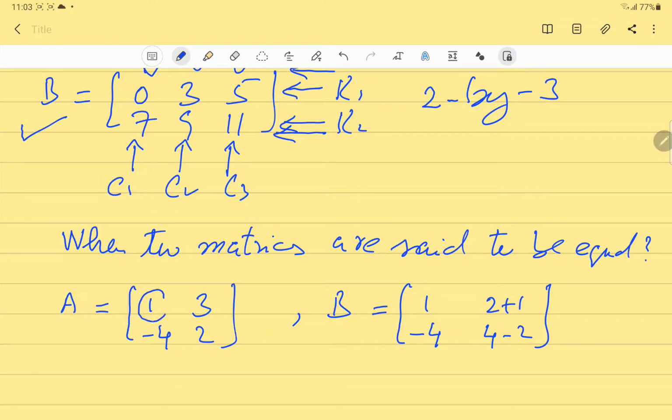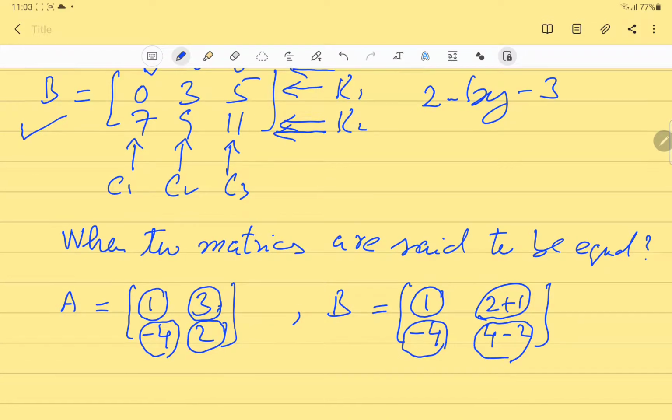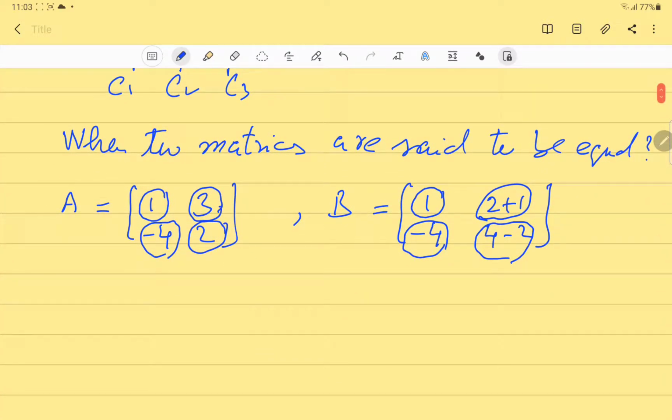This position will be compared with the corresponding position in the other matrix, which is matrix B. Both are 1, then we see that -4 is here, -4 is here, then we see 3 is here, 2 plus 1 is also 3, and then 2 is here and 4 minus 2 is 2, 2 is here as well. Since all the entries are equal, therefore these two matrices are equal.